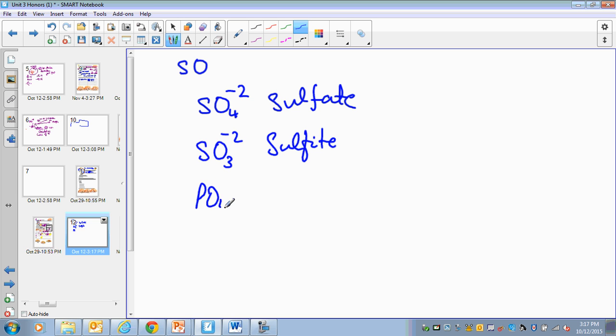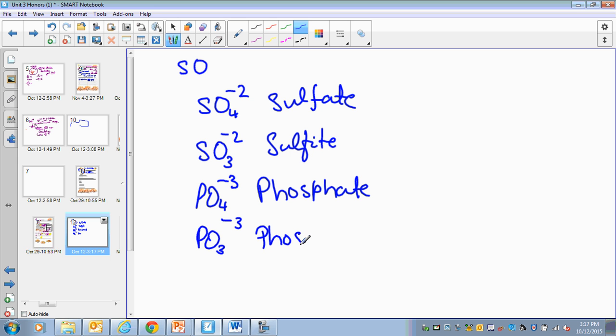Then PO4 minus 3 is phosphate. And then PO3 minus 3 is phosphite. Then NO3. You cannot just say that if you have 4 oxygens it's ate, and if it is 3 oxygens it's ite, because that's good for sulfate and phosphate, but with nitrogen, even with 3 oxygens, it's ate.